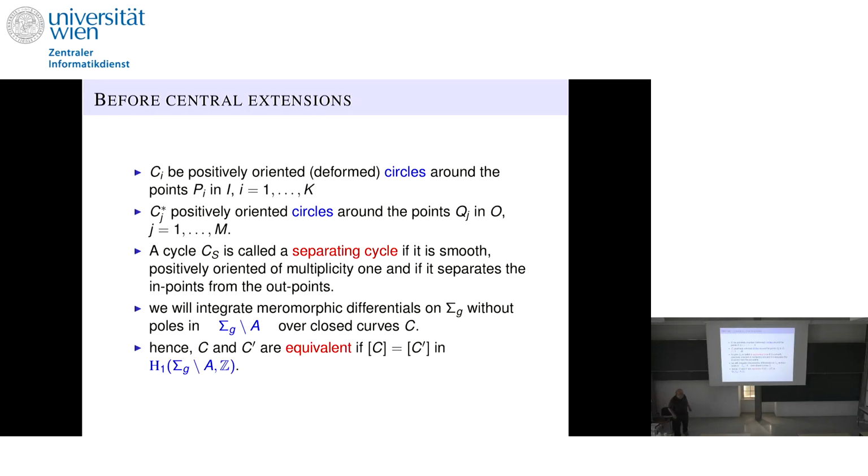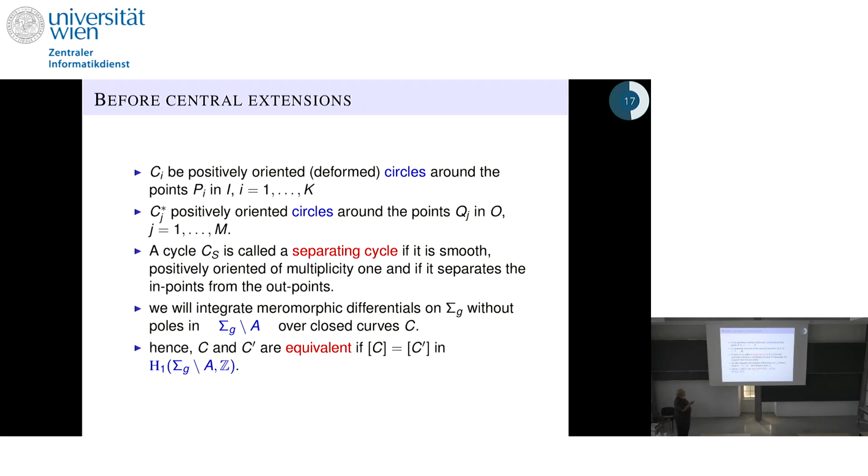Okay, now before I come to the central extension, and that's why it's of course important here, I have to talk a little bit, I have really to talk a bit more about the geometry here. So we consider positively oriented deformed circles around the points Pi. These are deformed circles in general here.